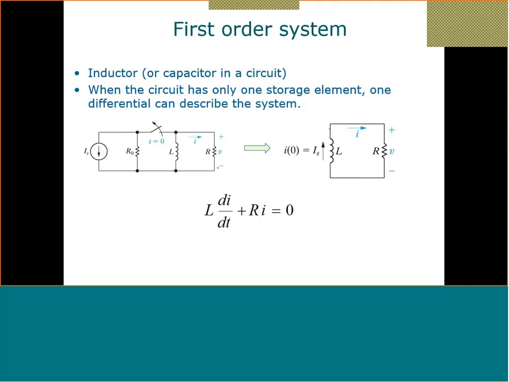So applying KVL, the voltage across the inductor is L di by dt. The voltage across the resistance is Ri, equal to 0. So this is a first order differential equation, homogeneous, linear. Then there are different techniques to solve them. Now I can solve these equations in a numerical way, and we will see this.